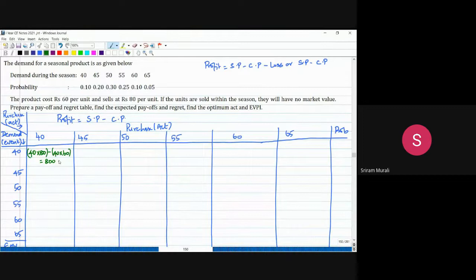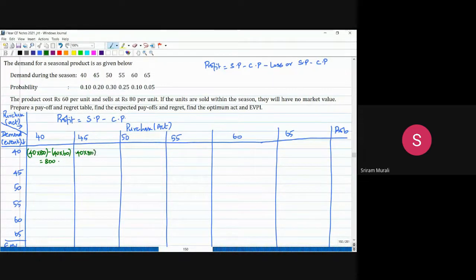Let us see if you get any loss. Demand is 40, but you purchased 45. What will you do? Cost price is 60 rupees and selling price is 80. I can sell only 40 because demand is 40.